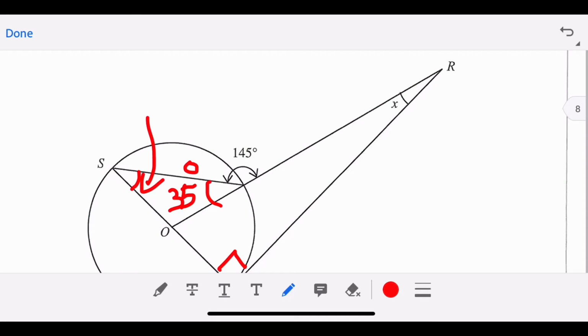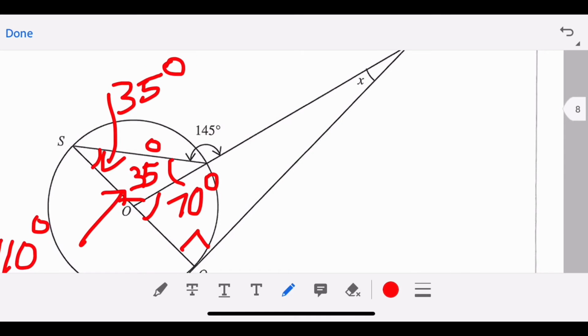So now we go to the circle. For circle we will try to work out all the angles like this. If it is a radius, it should be isosceles. So first of all, we work out 35, 180 minus 145, 35. And because we have the isosceles triangle with the radius as the equal side, so we have 35.